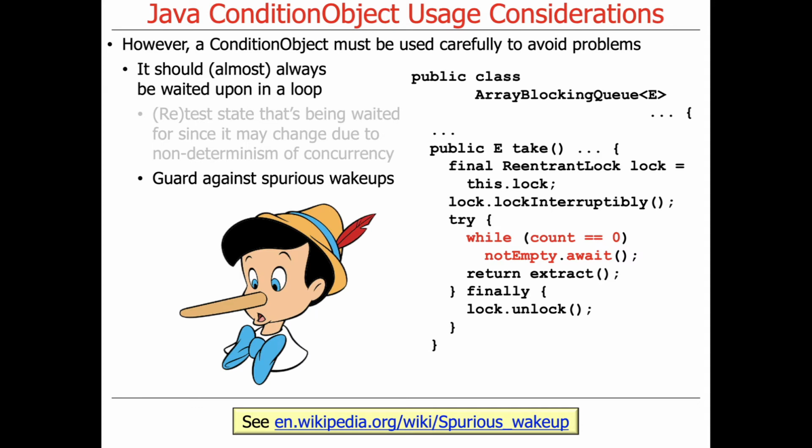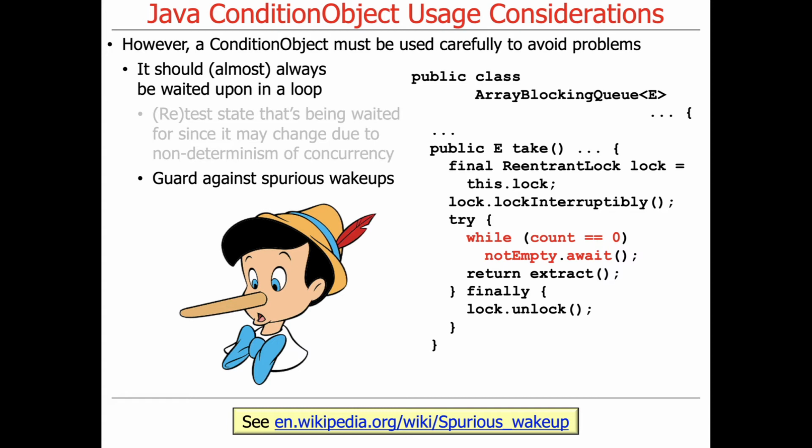And one of the other problems which necessitates the use of a loop is to guard against spurious wake-ups. I will let you read the Wikipedia article about spurious wake-ups. It's a very esoteric thing, and it has to do with the implementation of condition objects on some multiprocessor or multi-core processors.